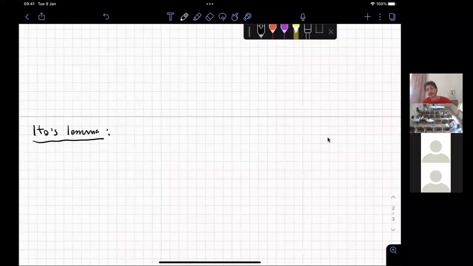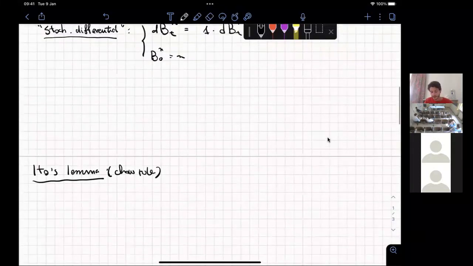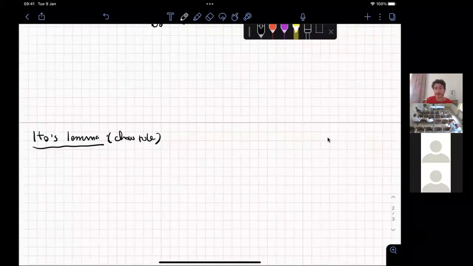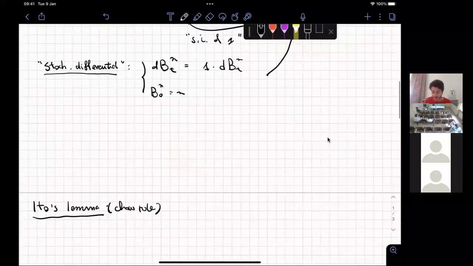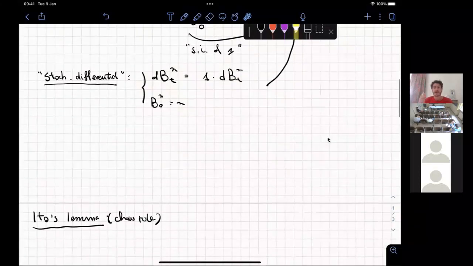What is Ito's lemma? It is a sort of chain rule. This is a way to compute the stochastic differential of the composition of a deterministic function and something random, a random process.